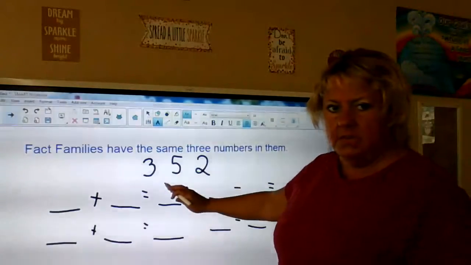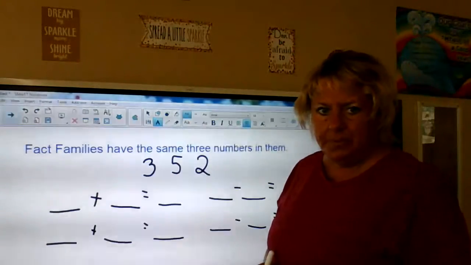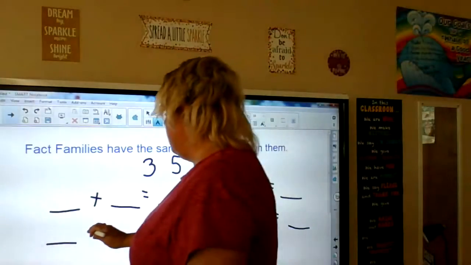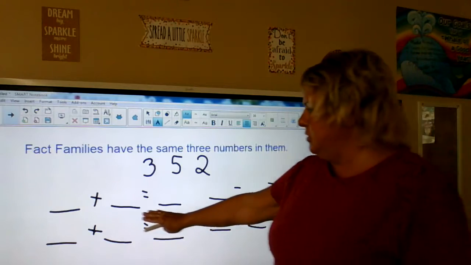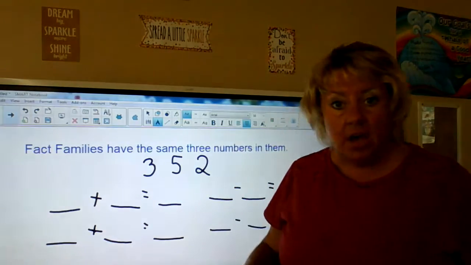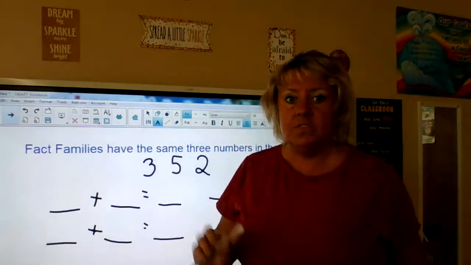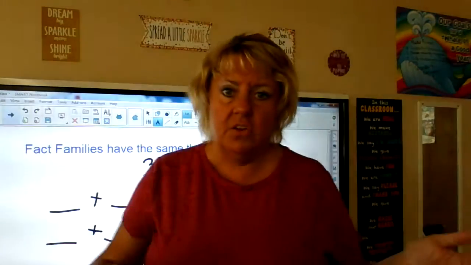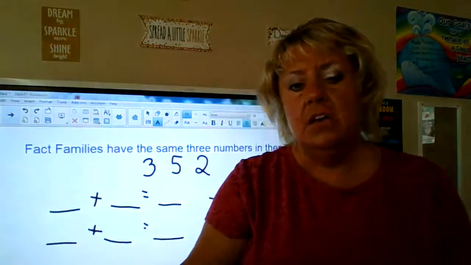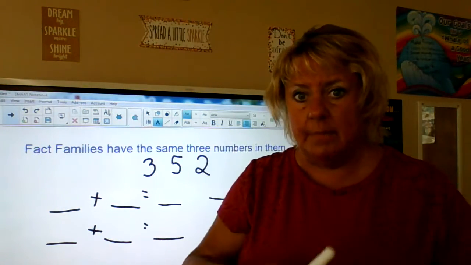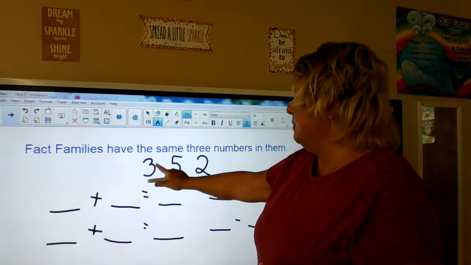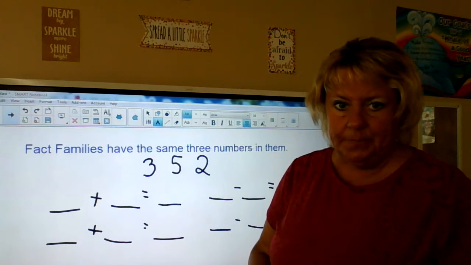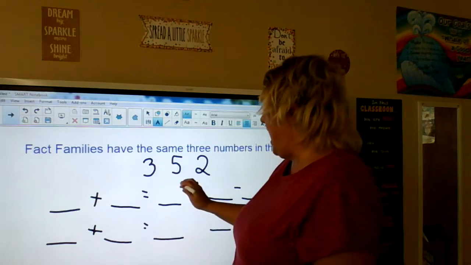I can only use a 3, a 5, and a 2. So, what do we know about addition? We know that the answer to an addition problem is called the sum, but it's also the whole, right? So, for addition, we take part, part, whole. So the whole or the big number comes at the end. So what's the biggest number? 3, 5, or 2? Yep, it's 5.